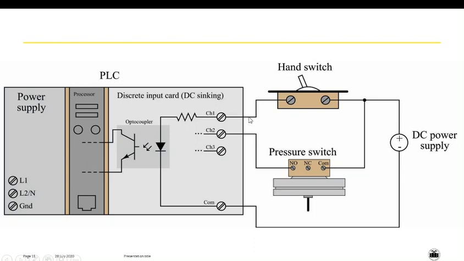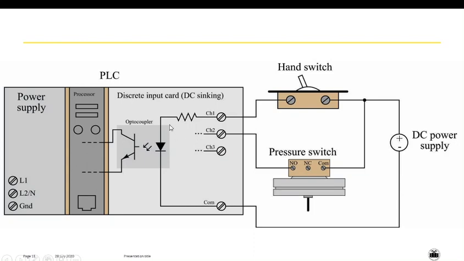So here there are some solid state relays of the input card, and this is the connection of the relay, and it is given to this optocoupler. So whenever signal will come over here, the diode will emit the light, and it will fall on the phototransistor, and based on the biasing, the current will flow and signal will be given to the processor.